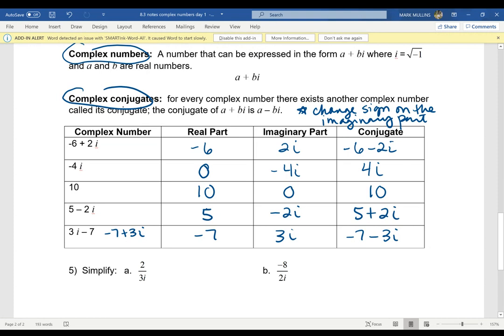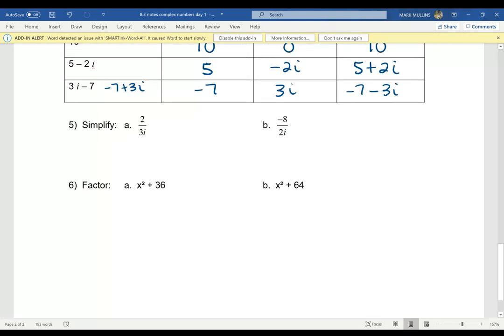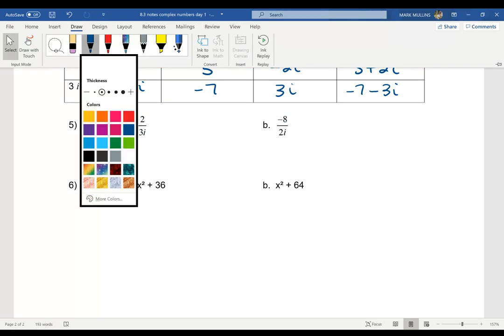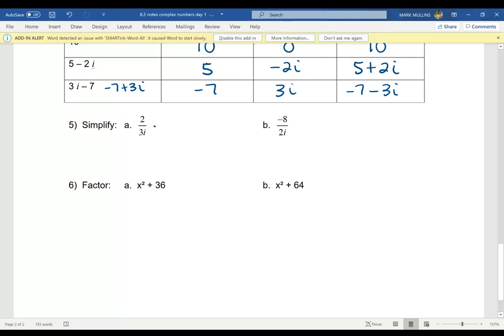So we're going to look a little more at simplifying with fractions, and then we're also going to factor. If I have an i in the denominator, I don't want it there. So by simplifying, what I mean is I need to multiply by i over i. Then in my numerator, I have 2i, and my denominator is 3i squared.